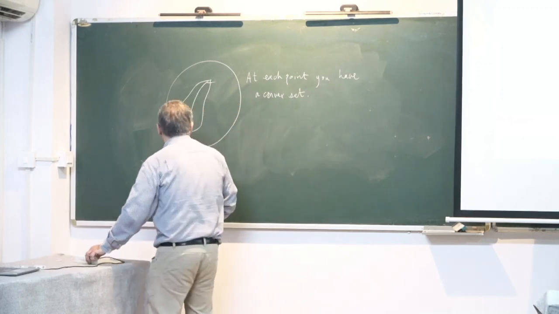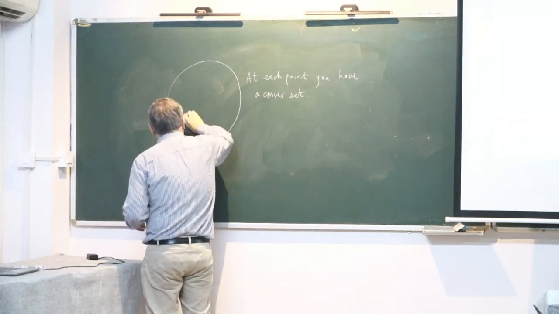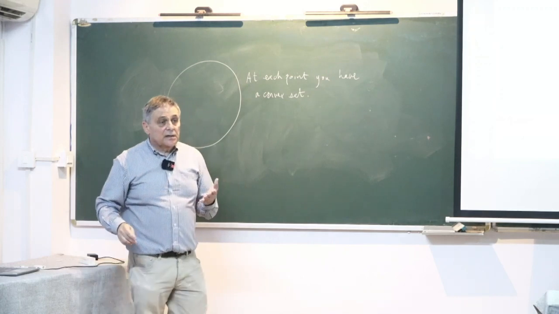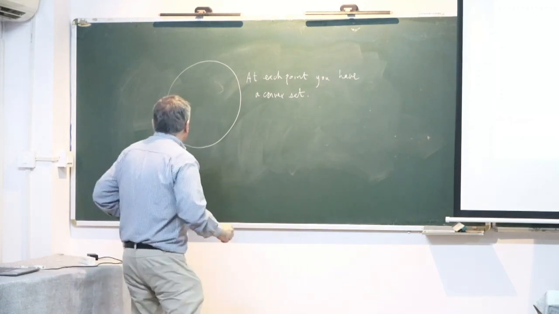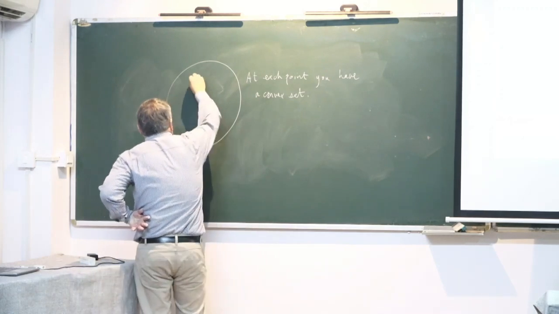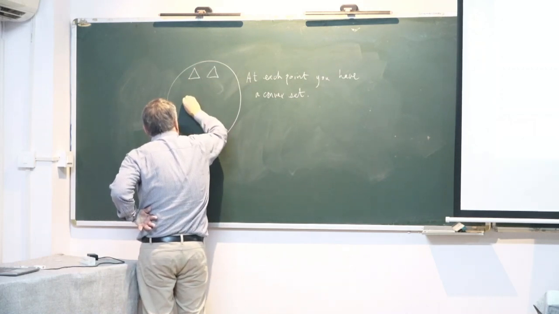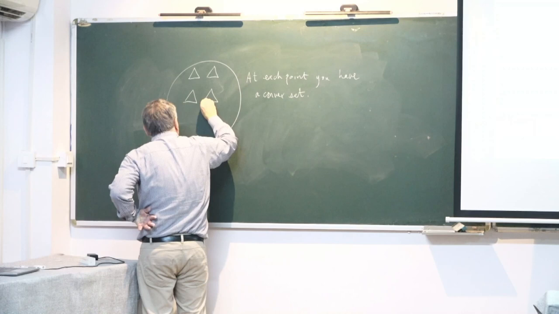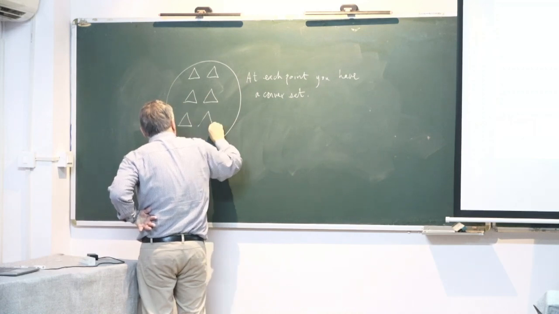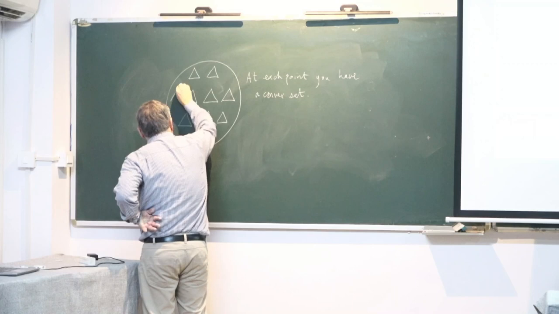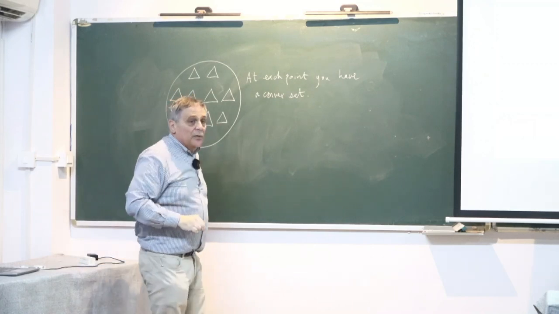This is the main point. You know what is a convex set in the plane. One example of a convex set in the plane is an equilateral triangle.